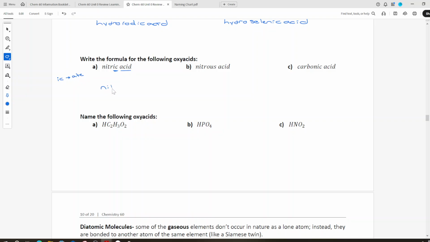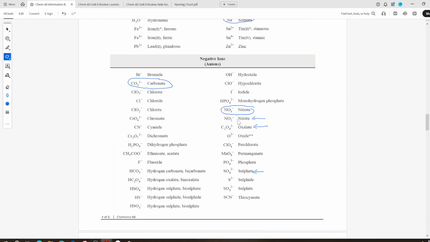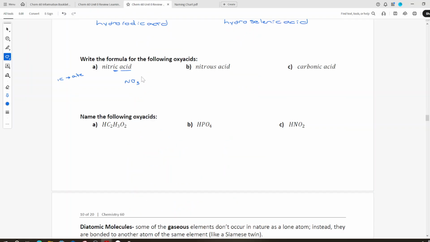So this would be nitrate, which is NO3. If we go to our information booklet, I look up nitrate, it's NO3, and NO3 has a -1 charge. Then I know because it's an acid, it's going to start with hydrogen. Hydrogen is always +1, so these are balanced for charge, and we would just say HNO3.